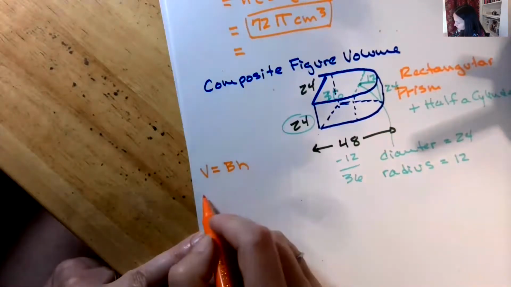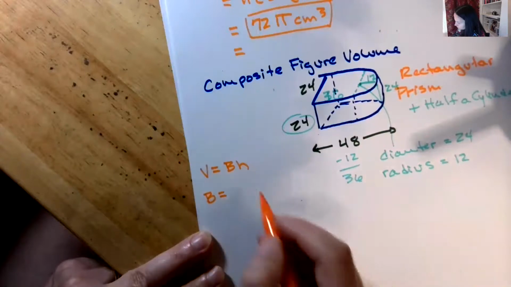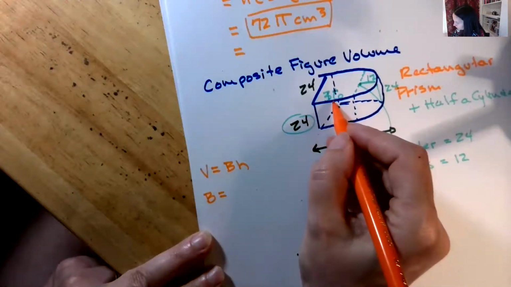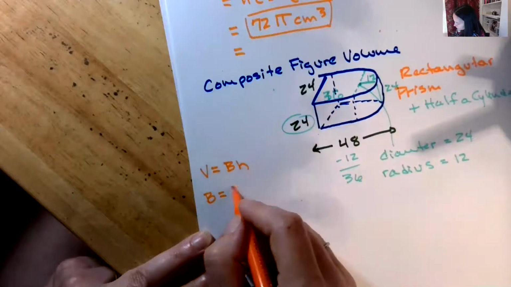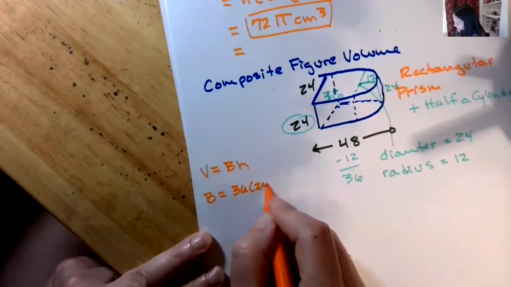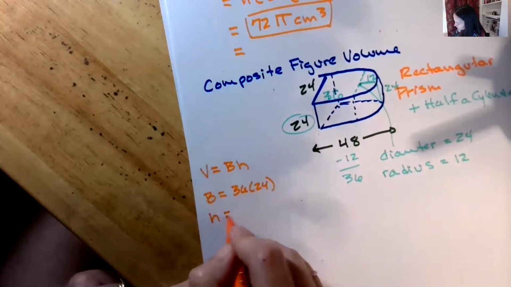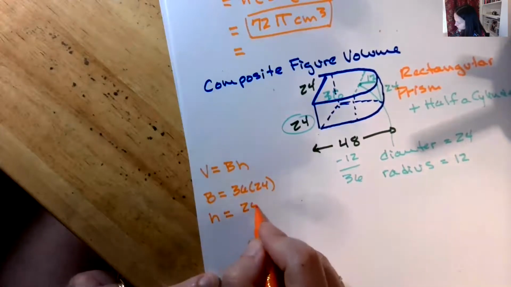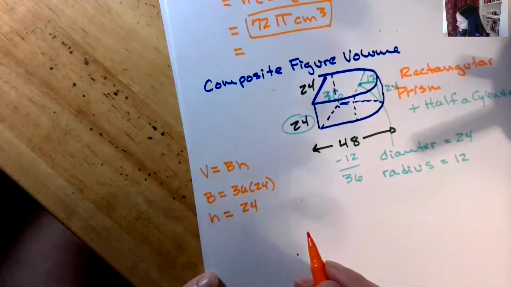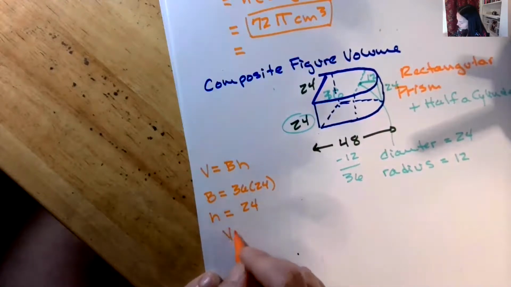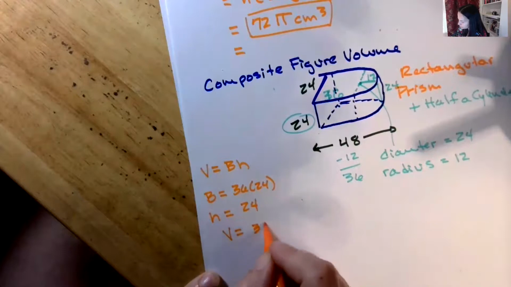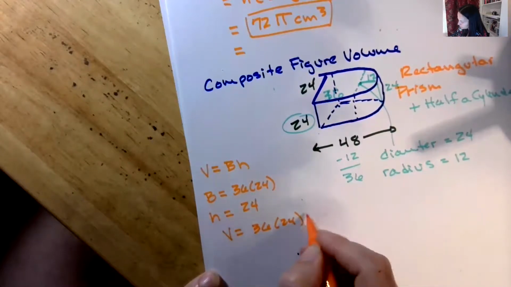The area of my base is equal to 36 times 24, and my height is equal to 24. A lot of things are the same here. So the volume of my prism is 36 times 24 times 24.